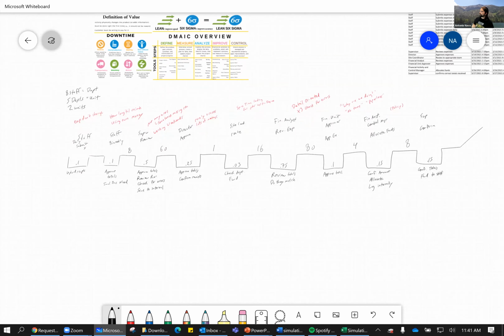Now, if we look at it this way, are there any other instances of batching, or any other indication that it might be happening? We'll look at our average wait times. The ones that are high up are pretty spot on, right? But this one here, I'm going to use the highlighter function.